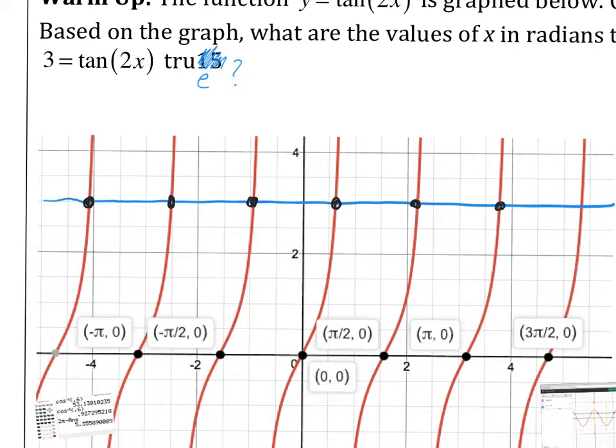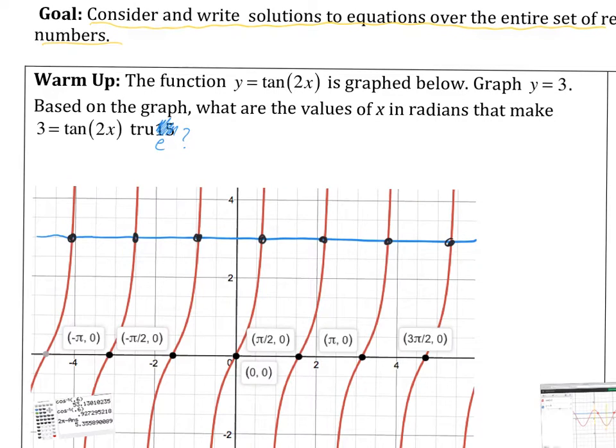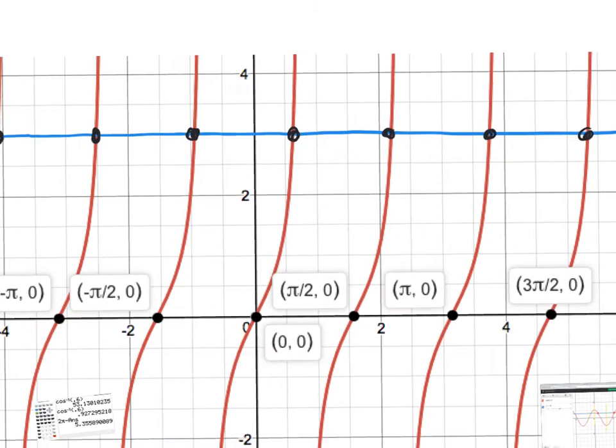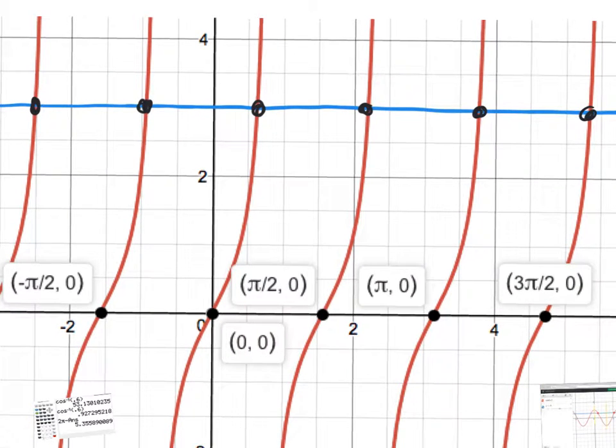So what we have to do is drop down to find out what the x approximate value is, or the x's. So what are the values of x in radians that make 3 equal the tangent of 2x true? And forgive the grammatical mistake there. All right, so let's just focus in on the first one that I can see.